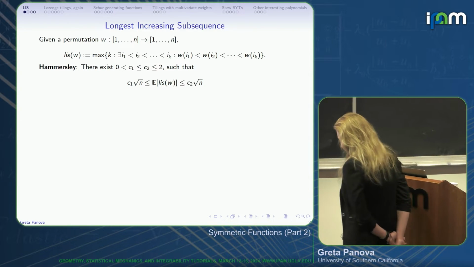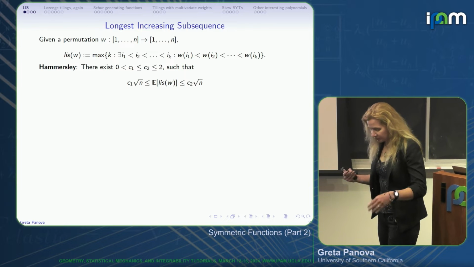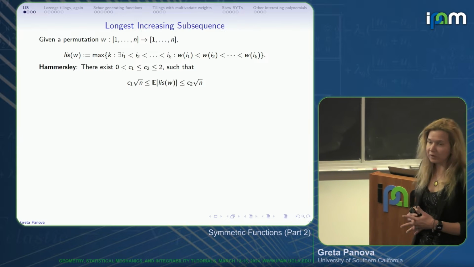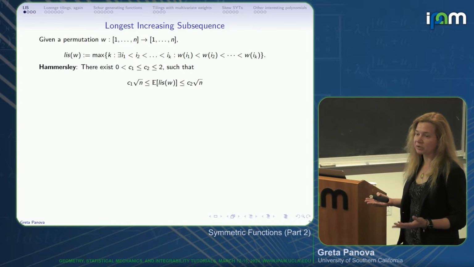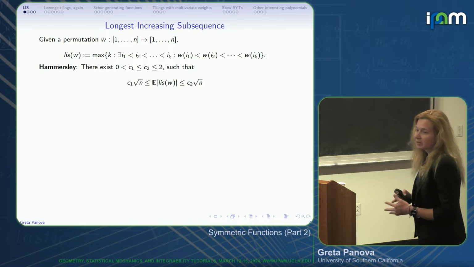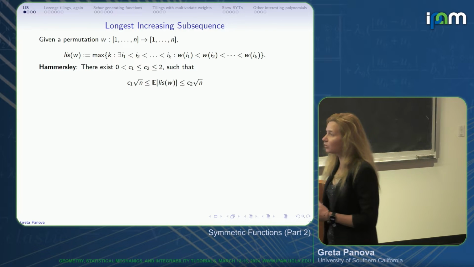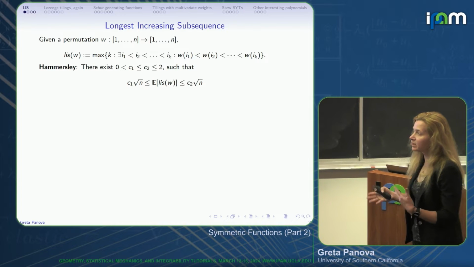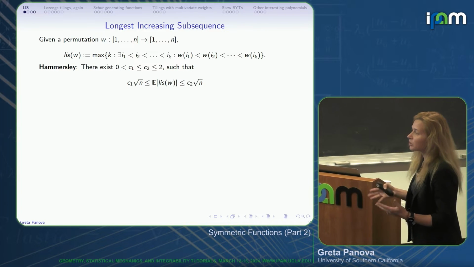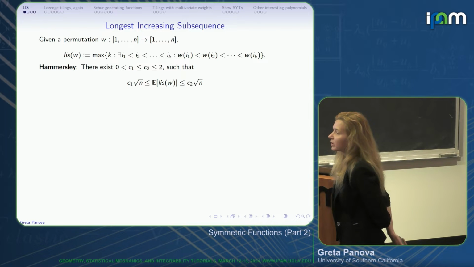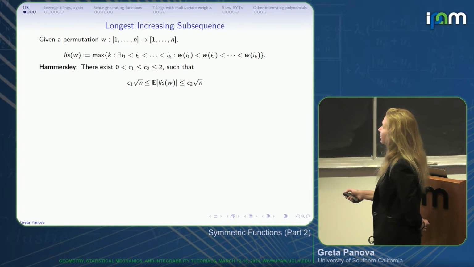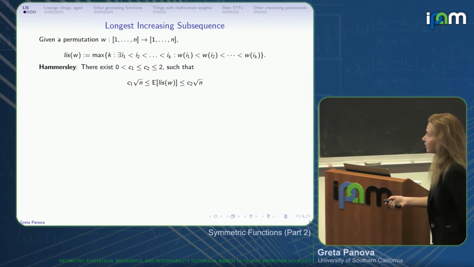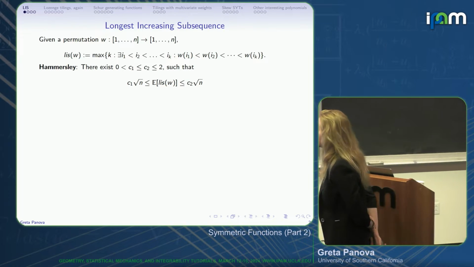The way he did it: first of all, he was using the Erdős–Szekeres theorem to show that this should be on the order of square root of n, or maybe larger. Then he was doing some Poissonized two-dimensional process, which heuristically would tell you that this should look like that, but he couldn't get the constants C1 and C2, or whatever the more precise asymptotic.